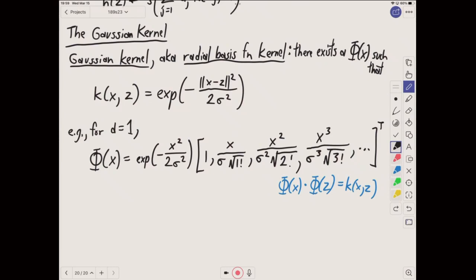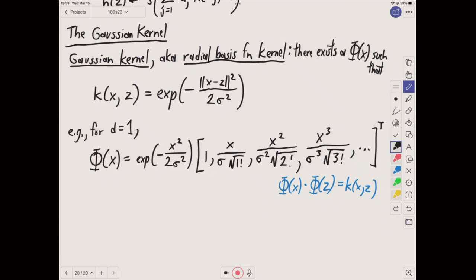Having said that, it's kind of hard to imagine lifting up a point to an infinite dimensional space and then applying a linear classifier in that infinite dimensional space. I surely agree with you. At this point, when you're using kernels like this, the usual intuition of lifting a point into a high dimensional space, there's no intuition there anymore.